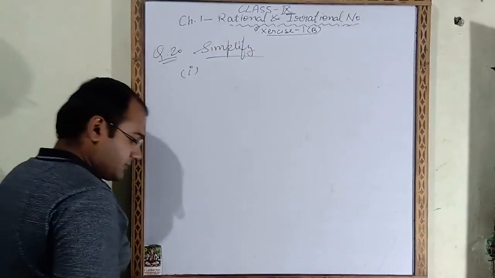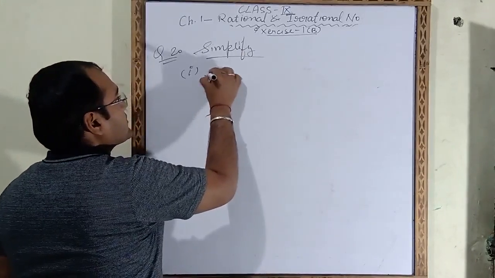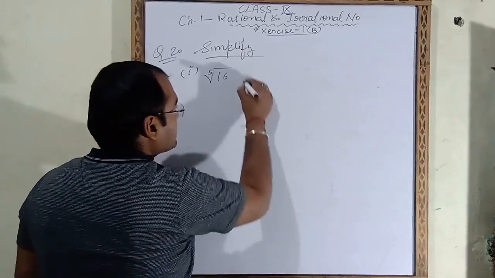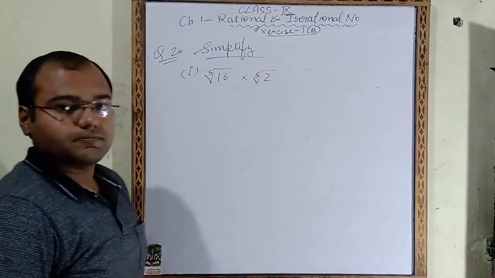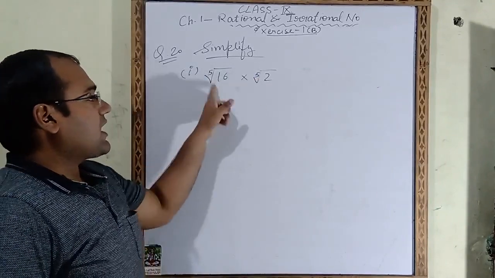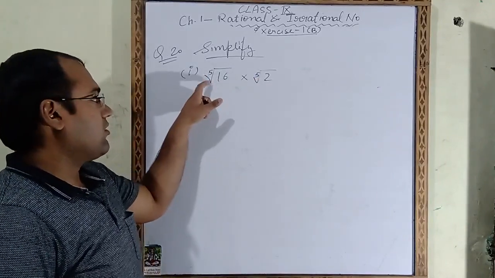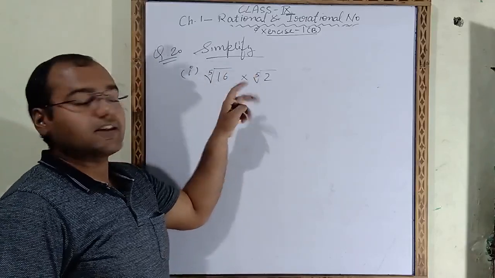First part. This is the question. We have to simplify it. Both the numbers have the same roots. Here on the root it is written 5. Here also on the root it is written 5. So we can multiply these two numbers.